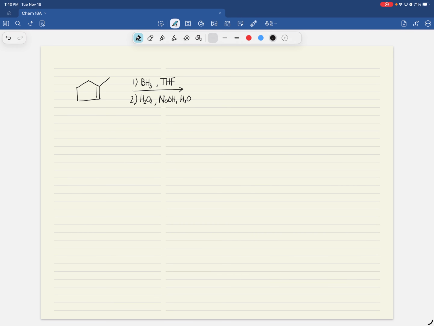And then the base is... and then we get that. And then for oxidation, yeah. So then that gives us hydroboration.